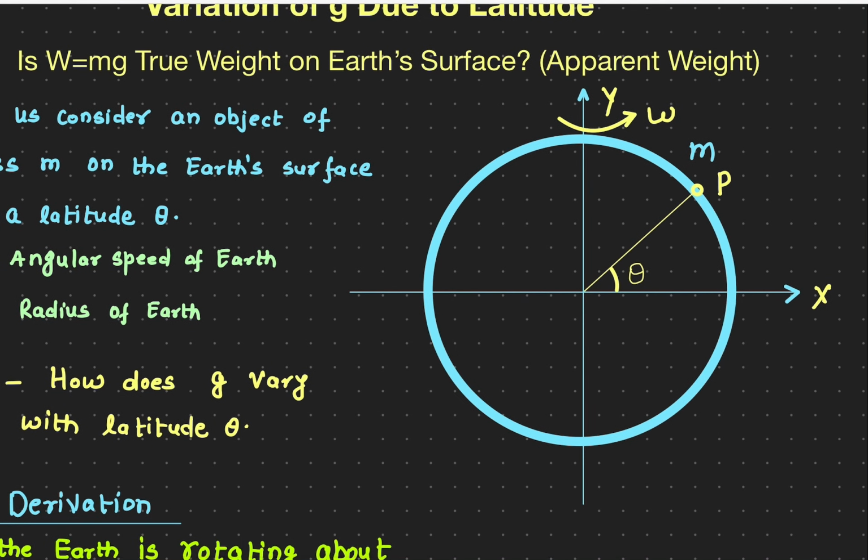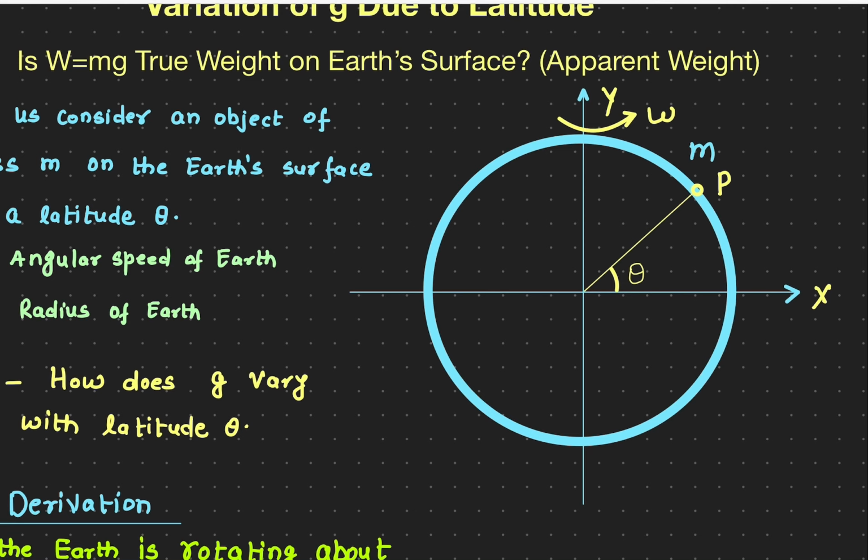All of us know that the Earth spins about its own axis, and because of its spin, we have day and night. Let's call that angular speed omega. The Earth spins about this y-axis here.